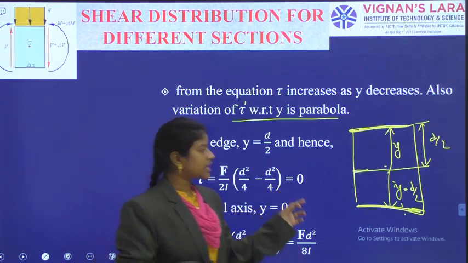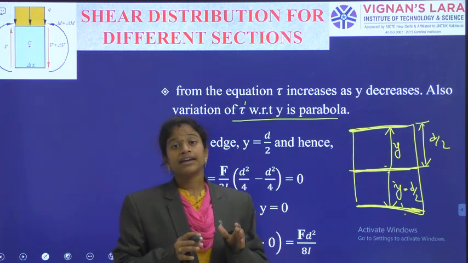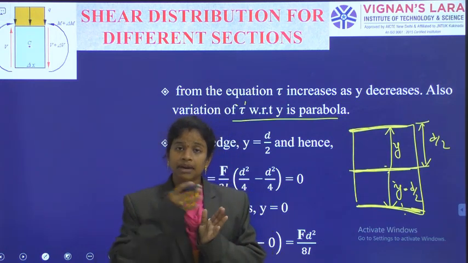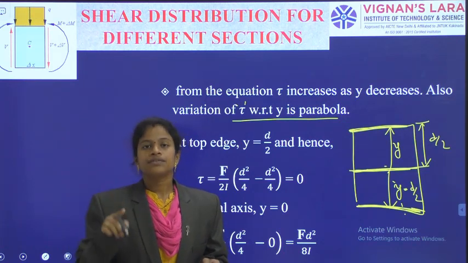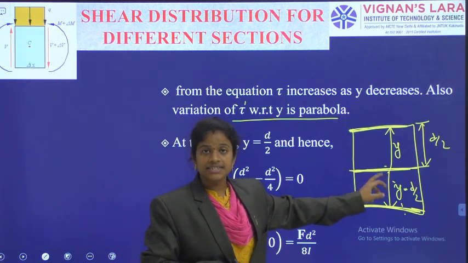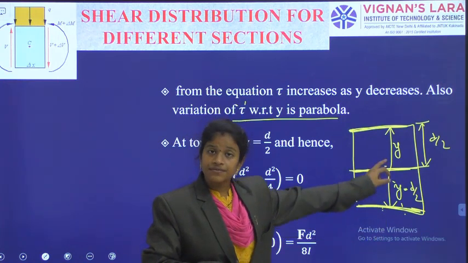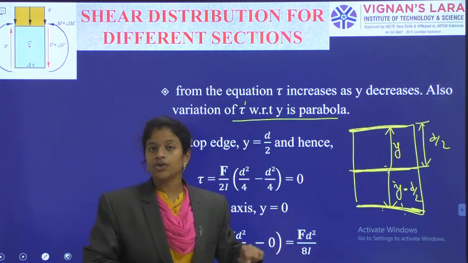At the neutral axis, the neutral axis is located, and from the neutral axis I measure y, the distance of any layer, or of the extreme layer, from the neutral axis. Now, I am calculating shear stress at the neutral axis.